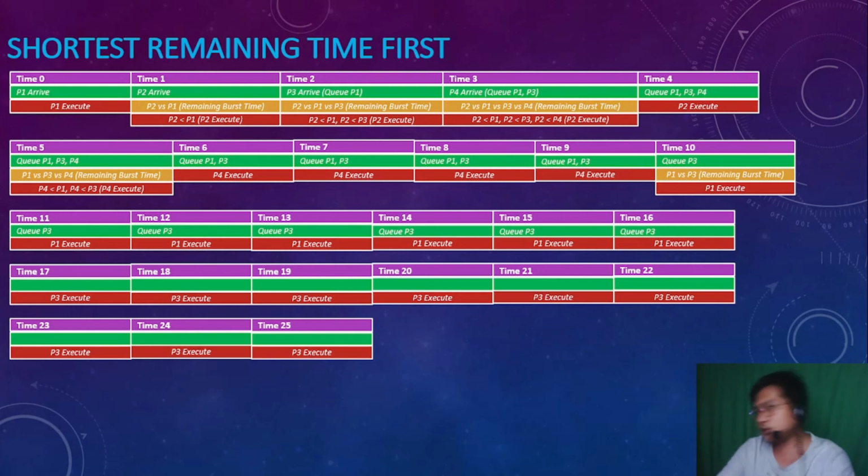So it will not look into the total burst time of a process, but the actual remaining burst time of the process. So if it gets executed first, then halted, then instead of comparing the total burst time again, it will only compare the remaining burst time of that process that is halted by the system with another or new process that arrives in the ready queue. So that is the main difference between shortest remaining time first and the shortest job first.